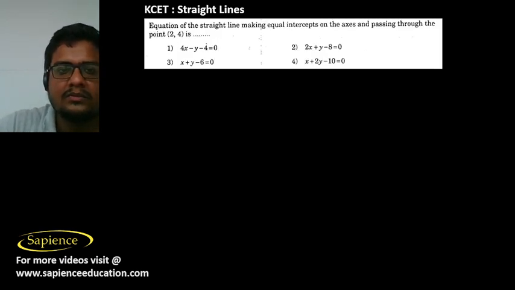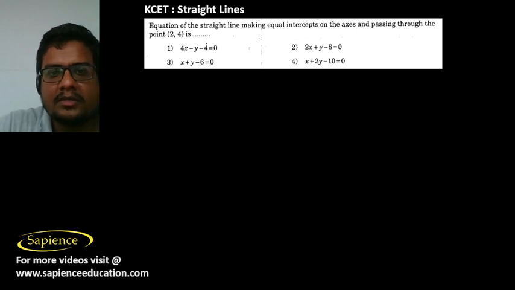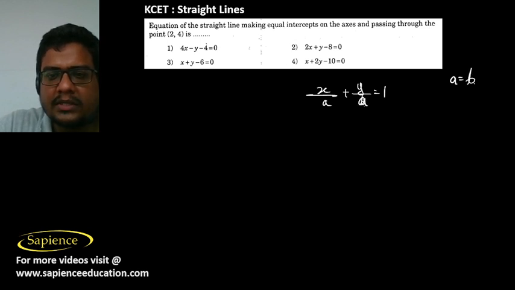Then here it is told equation of the straight line making equal intercepts on the axes and passing through the point (2, 4). So we know that the intercept form is given as x by a plus y by b equal to 1, where a and b are the x-intercept and y-intercept of the line. Now here it is told that the straight line makes equal intercepts, means a and b are same, so I can take this as a.